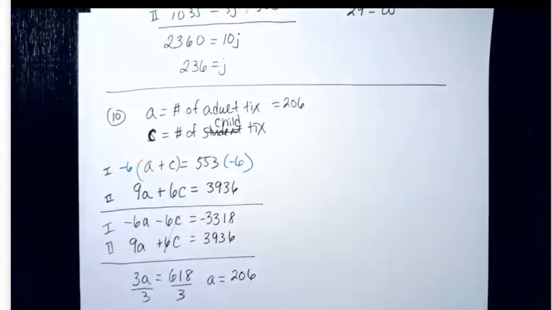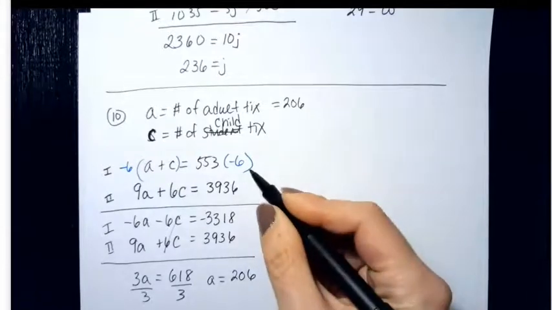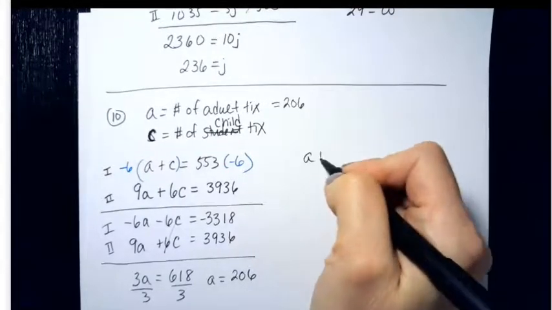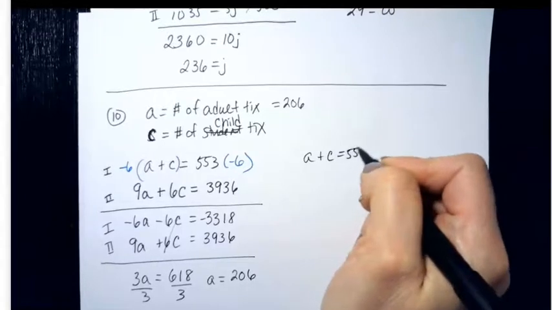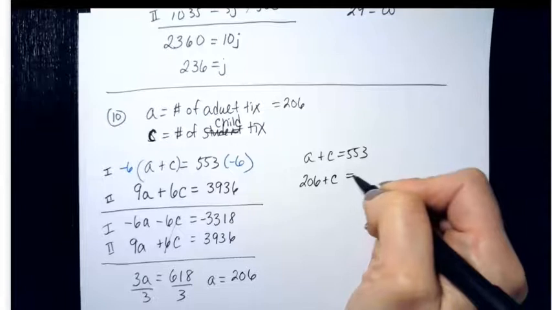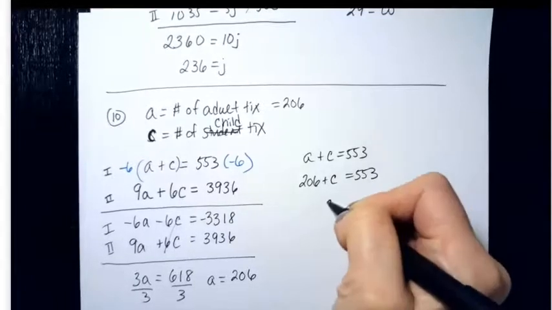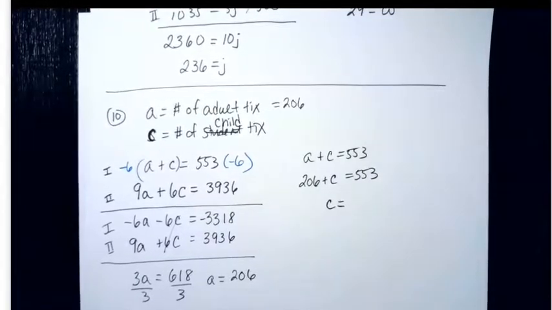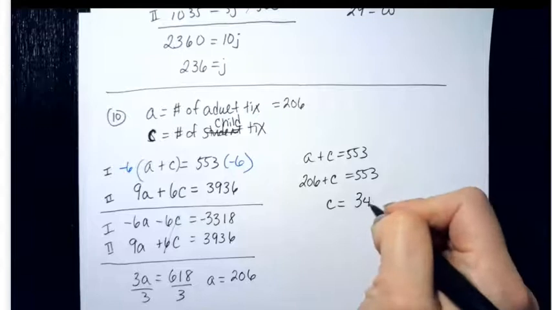Now I can find the number of child tickets using the first equation, A plus C equals 553. I know that A is 206, so to find C, I subtract 553 minus 206, and that gives me 347.